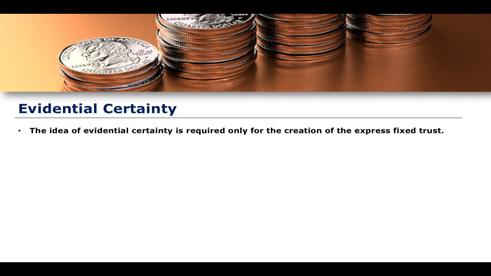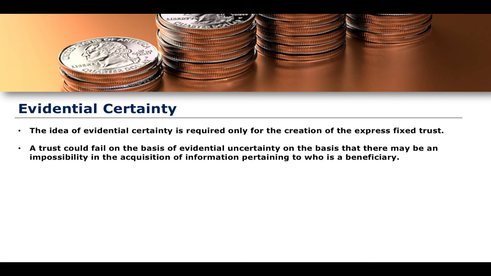Well, the idea of evidential certainty is required only for the creation of the expressed fixed trust. And the reason for this is because a trust could fail on the basis of evidential uncertainty, because there may be an impossibility in the acquisition of information pertaining to who the beneficiary is.